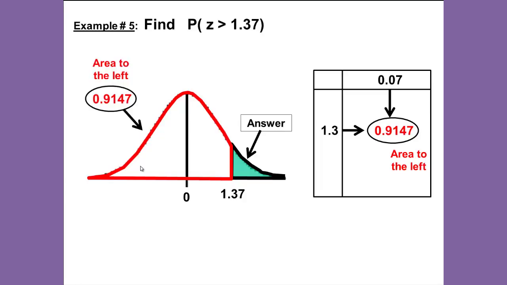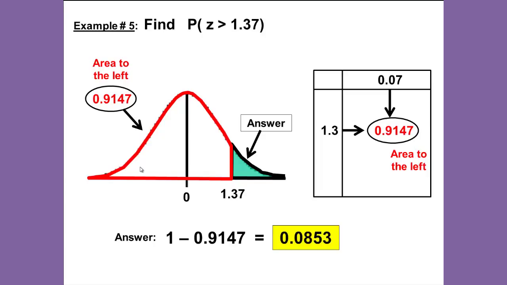Notice that we draw an arrow to the left-hand side, but our answer is on the right-hand side, so that will help us to remember to subtract 1 minus 0.9147 to get our answer, the area to the right, as 0.0853.